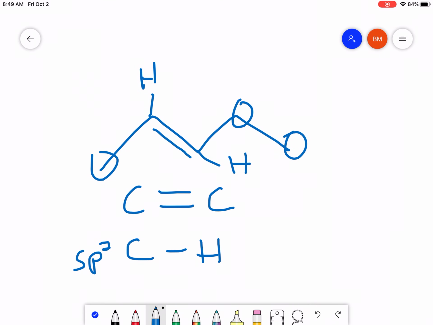So that one appears usually from about 3,100 to 3,000 or so. Right? That's outside the range of the sp3 CH stretches, so that's definitely going to be something that sticks out at you, whereas if it's not there, then you probably don't have an sp2 hybridized CH in there. All right?